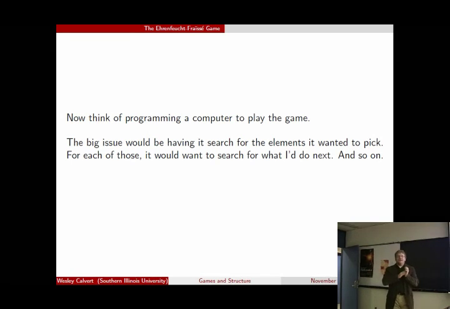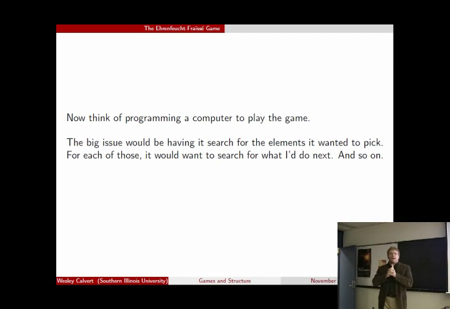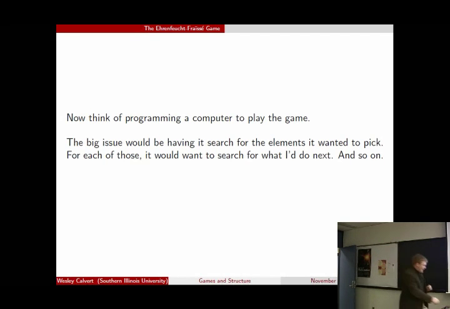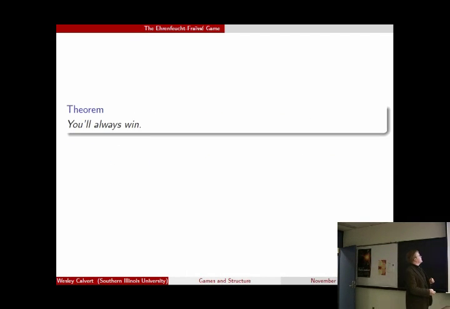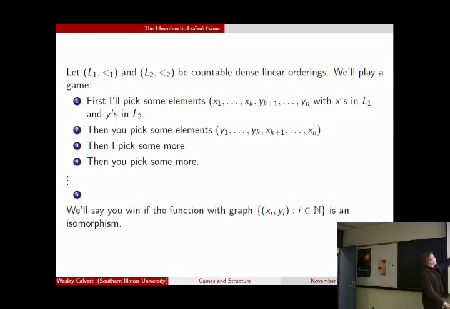Wesley, isomorphism in what sense? I mean, if we're talking about linear orders, a bijection that preserves the ordering. Could you please explain once again the game, the picking up and then exactly the isomorphism of what? Okay. So you have these two orders.